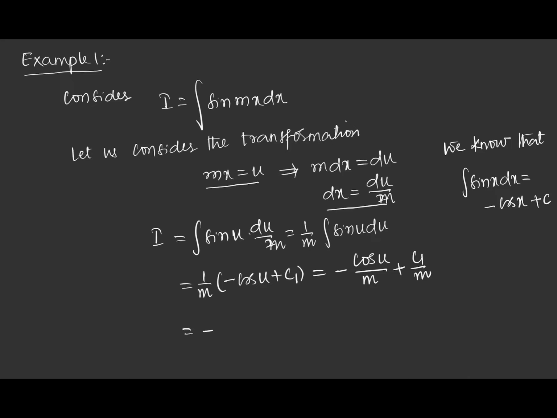Here mx is u, and substituting it back we'll get minus cos mx by m plus some constant c. So this is the value of the given integral, where c is some constant, here c is taken as c1 by m.